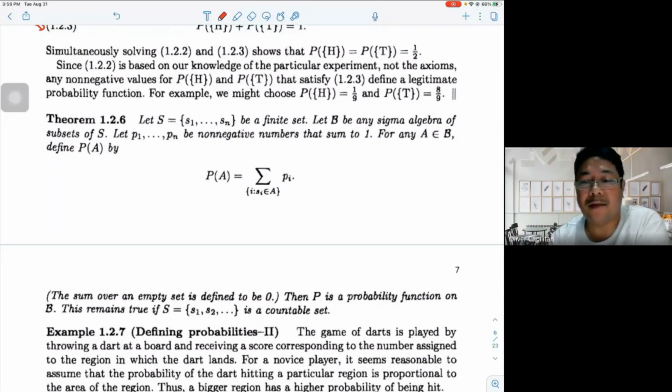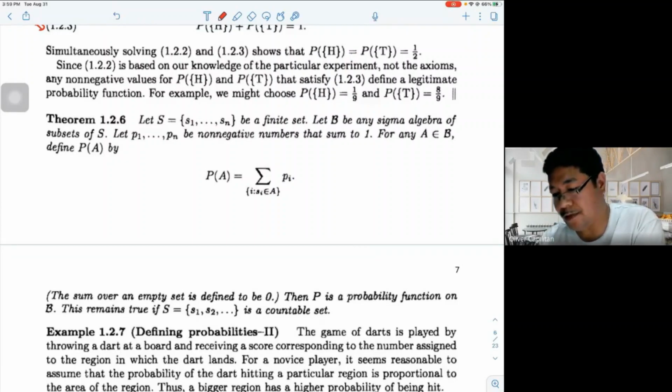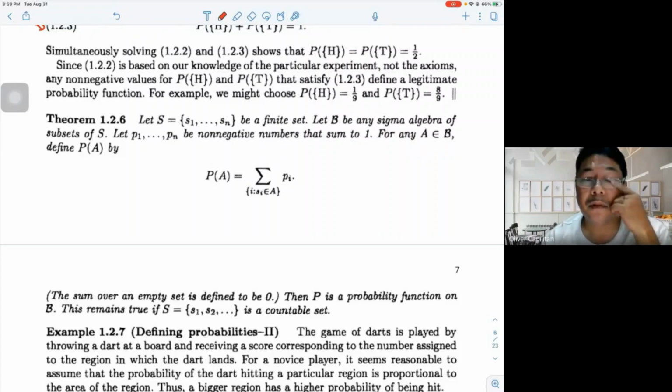Okay, let us proceed. Theorem 1.2.6. By the way, this theorem actually gives us the common method of defining a legitimate probability function. We let S be the sample space containing s sub 1 up to s sub n, so it's a finite set.